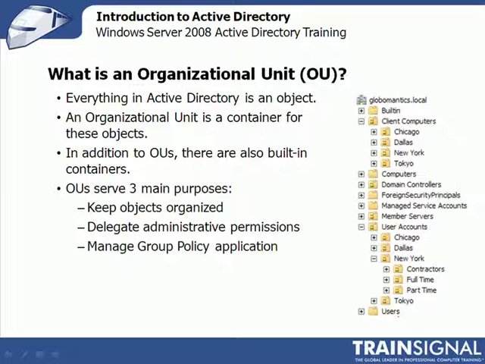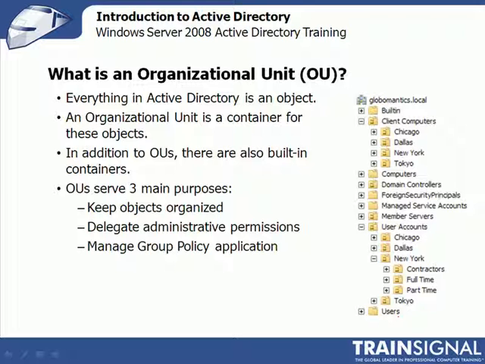But another purpose of our OUs is for the delegation of administrative permissions. In other words, I'd mentioned that the domain is the core administrative unit. Well, as we'll learn in a later lesson, we can break down those administrative permissions and delegate them out to different people over different areas of our network.